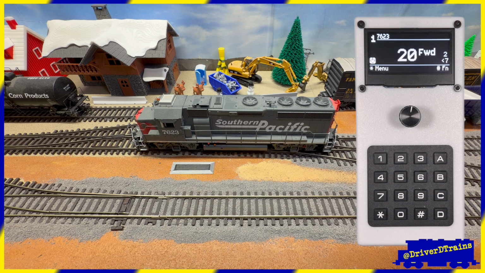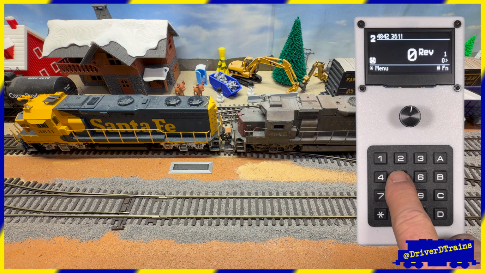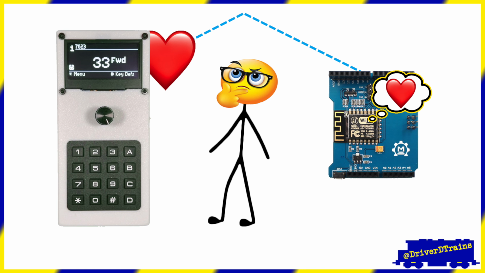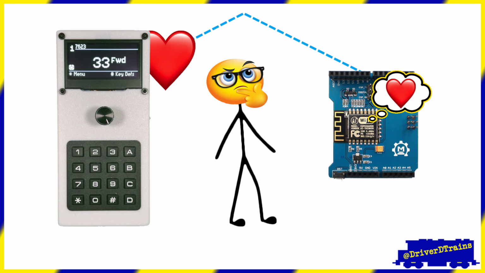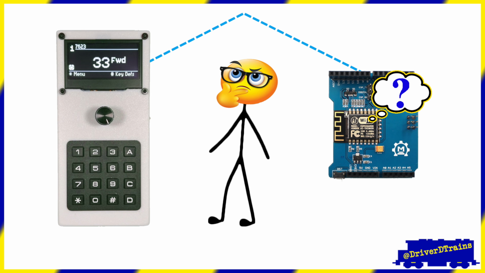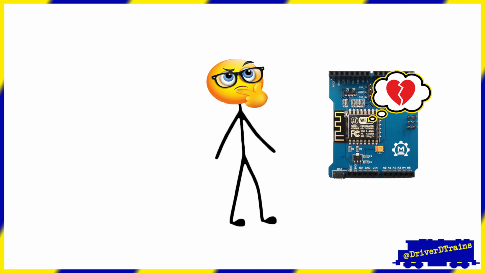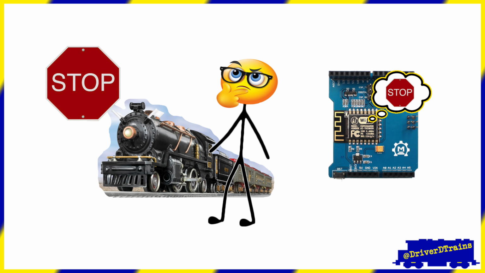Remember that we can always use the emergency stop button, 8 on the keypad by default, to stop all the locomotives on the track. The WiTController lets our command station know that it is still active by sending a regular heartbeat signal. Depending on how our command station is configured, if it does not receive the heartbeat signal within a specified amount of time, it may stop all the locomotives being controlled by the WiTController.